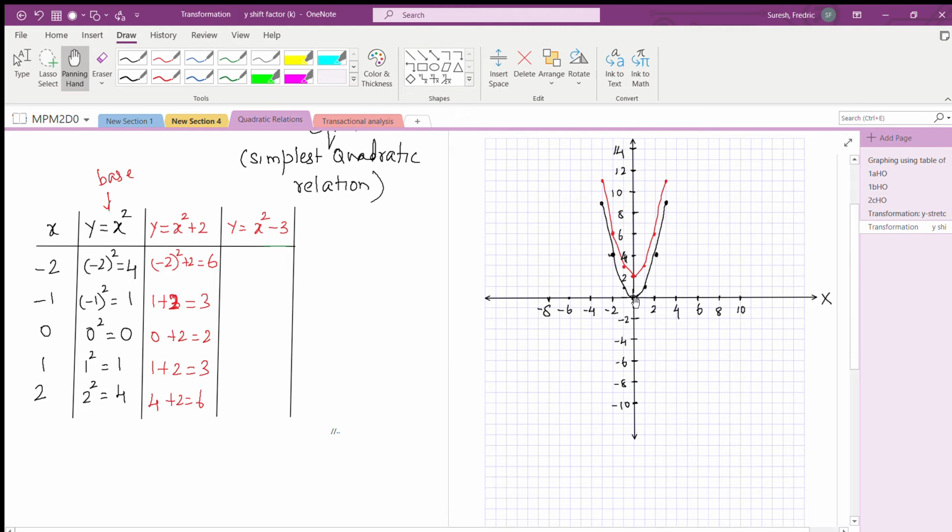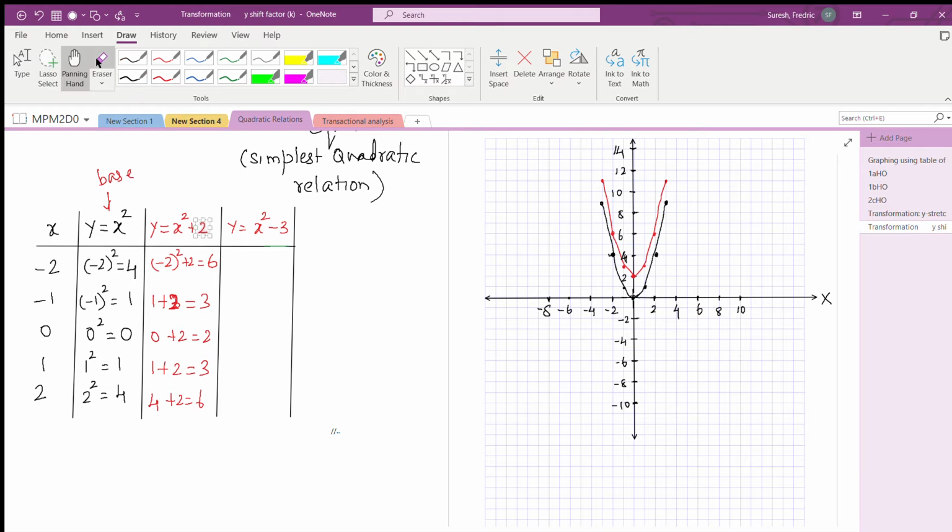You see these numbers here, 0, 0 now has become 0, 2; 1, 1 has become 1, 3; 2, 4, 2, 6; 3, 9, 3, 11. Same on the other side. So the plus 2 in this equation has the effect of moving the whole graph up by 2 units. So it has shifted up. There is a Y shift that is happening.